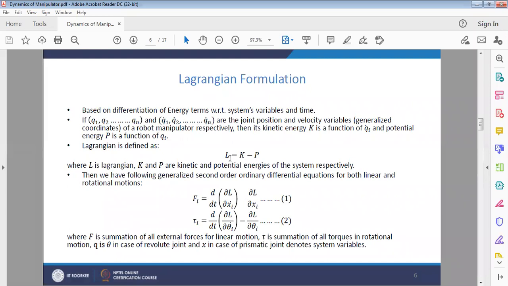Lagrangian is defined as the difference between the kinetic energy and the potential energy of the system, so L is equal to K minus P. This L is a function of the joint velocities as well as the joint variables.